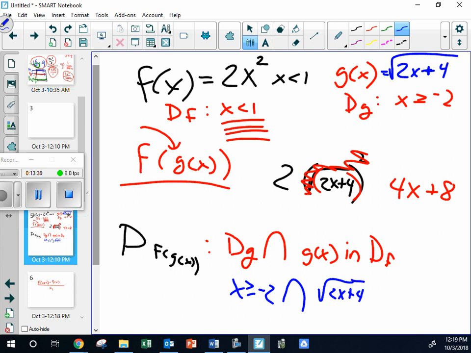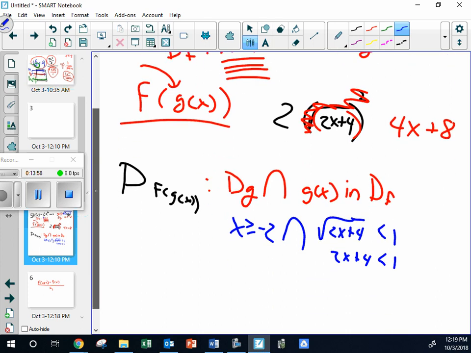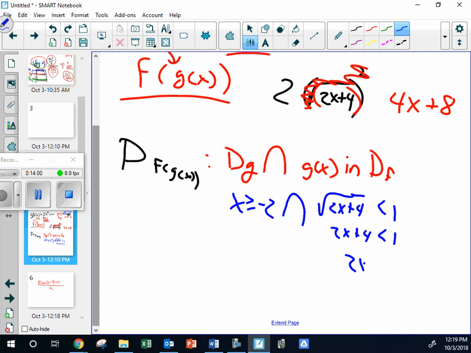Yep. So then I put it here in that, and I say less than 1. There we go. And once again, how do you get that solved? Start with squaring. You square both sides and you get 2x plus 4 is less than 1 squared, which is 1. And then I'm going to subtract 4 from both sides. 2x less than negative 3, x less than, not or equal to, just less than negative 3 halves. Awesome.